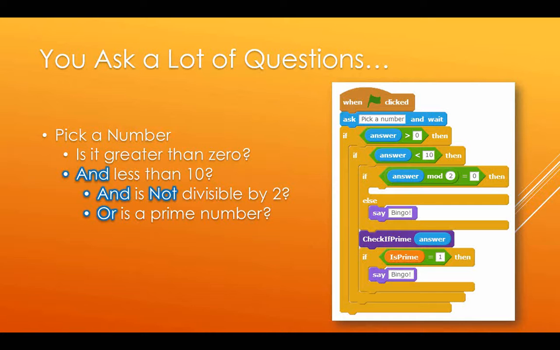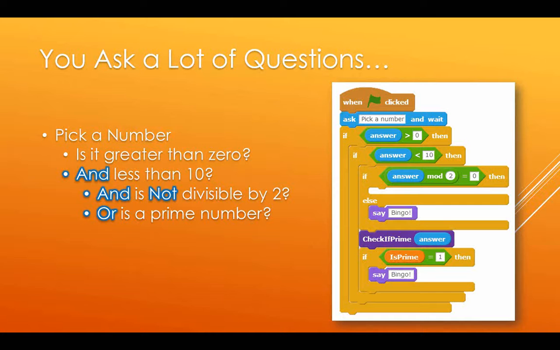Then we found a valid candidate for our check. The second one is to check if it's a prime number. So we've just added a custom block in here. The inner workings we don't need to go into, but we pass our answer in, and it sends back a value via this variable called isPrime as to whether or not the value the user chose is prime.